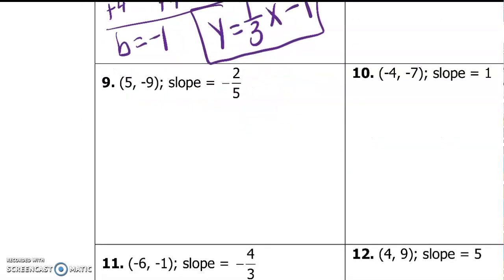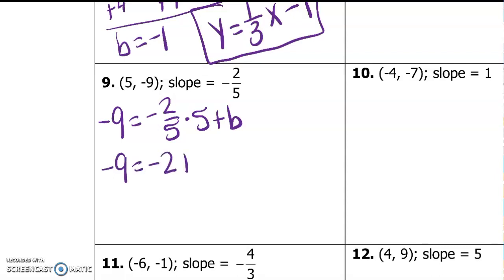Number 9, -9 equals -2/5 times 5 plus b. So -9 equals -2 plus b. You're going to plug it in, you're going to multiply. In this case, we get -2 when we multiply. Then you'll either add or subtract. So this one we need to add 2 to both sides.